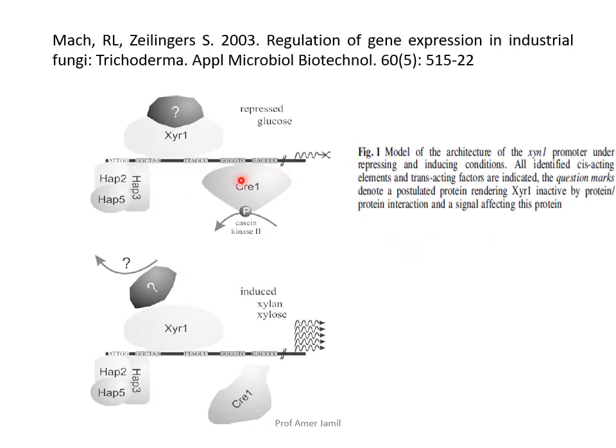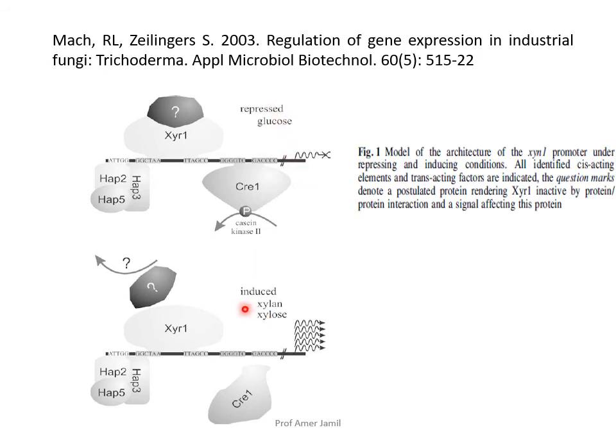In this figure, you can see the repression or induction of the genes. Under high glucose concentration, as I mentioned earlier, CRE1 is phosphorylated. Although these proteins are bound, and XYR1 is also there, the system is at a basal level of expression, at a very low level of expression.